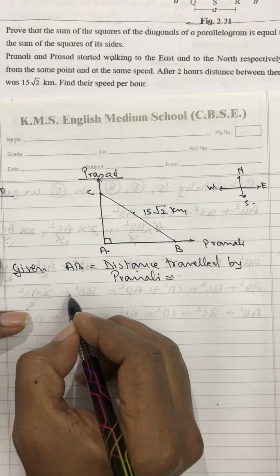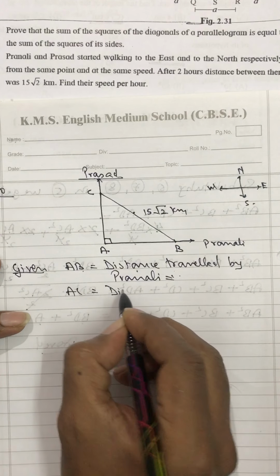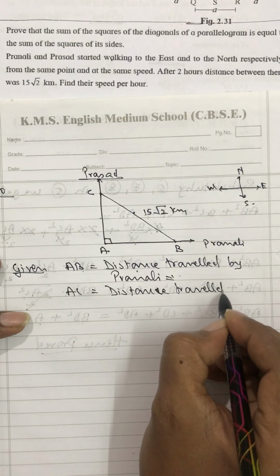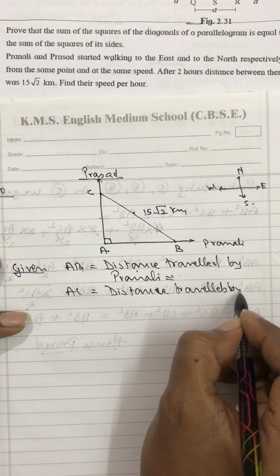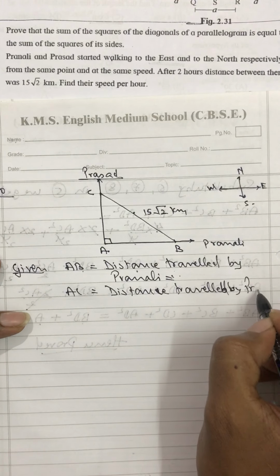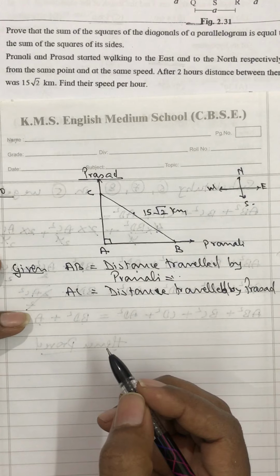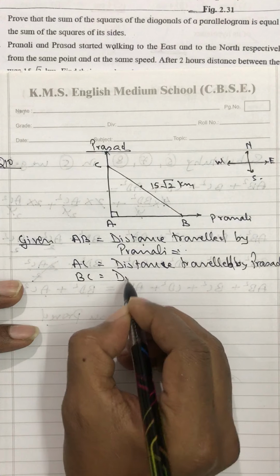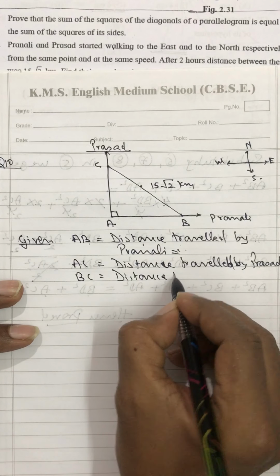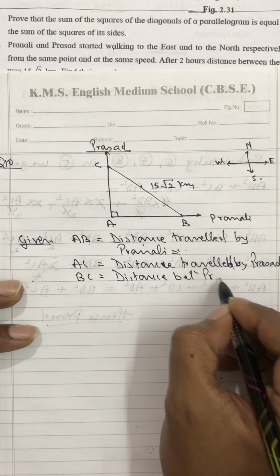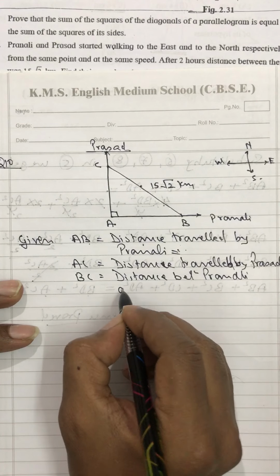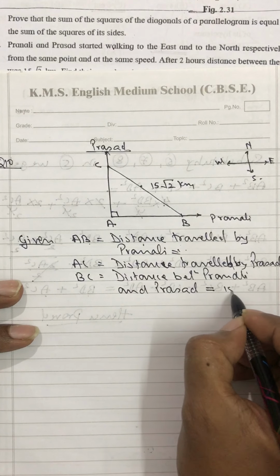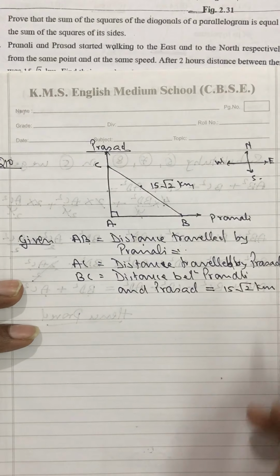And AC is equal to the distance traveled by Prasad. We don't know that because basically both are same. So BC is equal to the distance between Pranali and Prasad, that is given to us, 15 √2 kilometers.